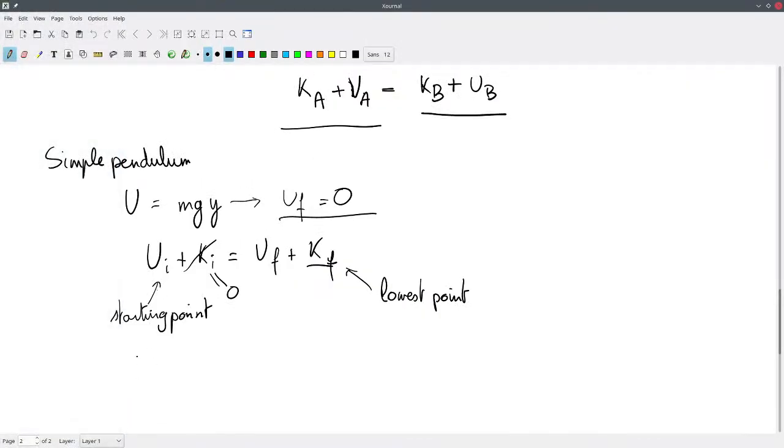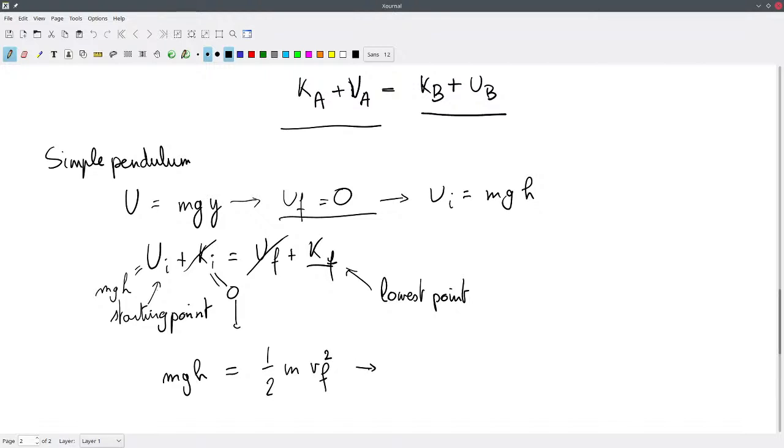So we'll have that U initial is equal to mgh. So our expression becomes that mg times h, the kinetic energy is 0, is equal to, well, this potential energy we set 0, so that's 1/2 mv final squared.